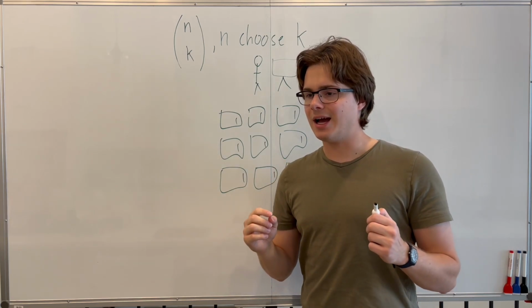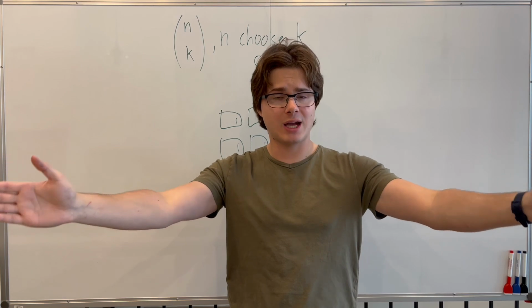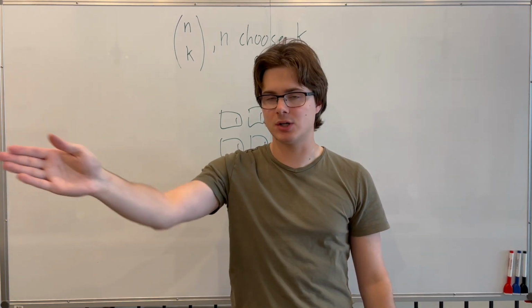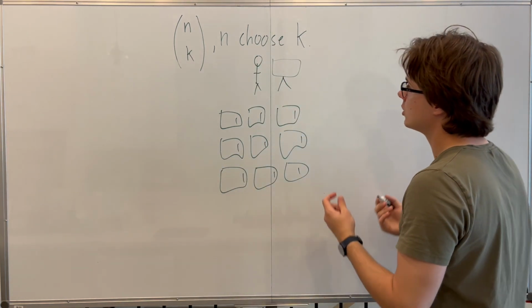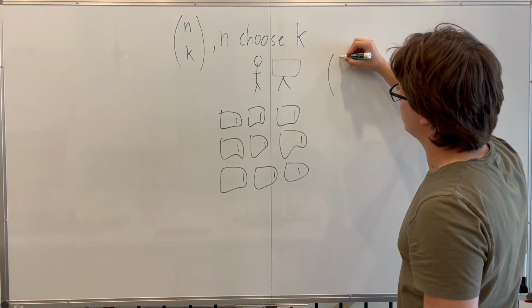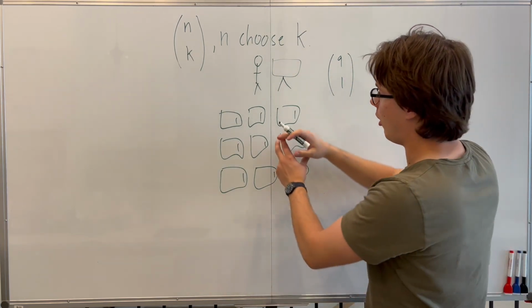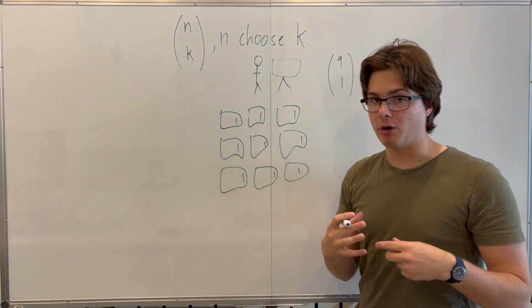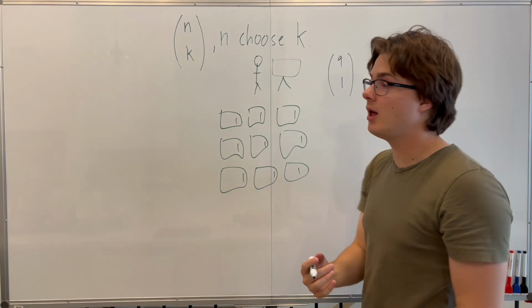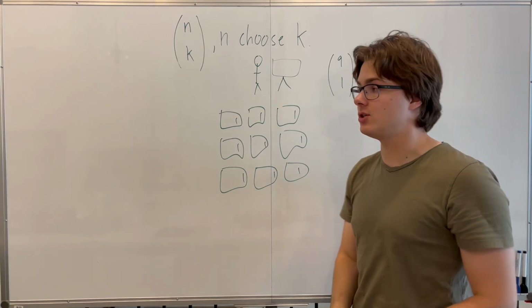You would never ask, for example, what is 3 times 2, and have 2 people answer at the same time. You would choose 1 person to answer that question. So in this case, our choose notation would look like 9 choose 1. The 9, because all 9 students are going to be who you can choose from, and 1, because you're only going to choose 1 student.